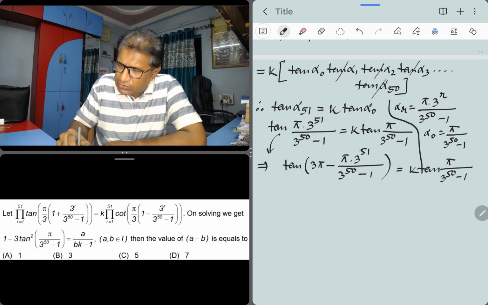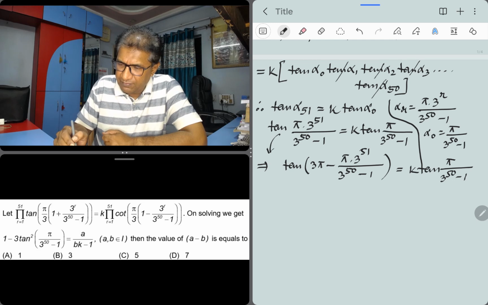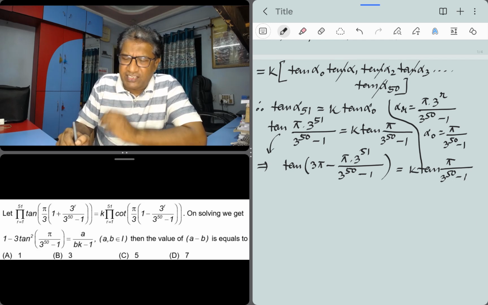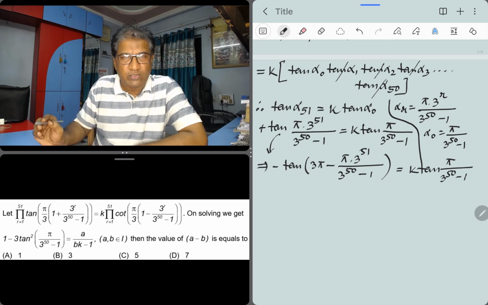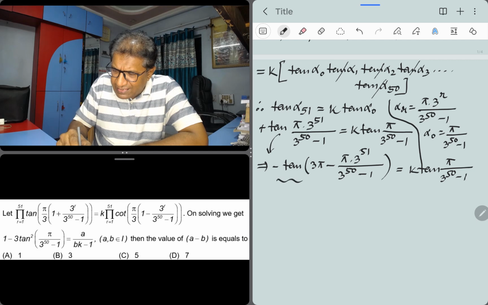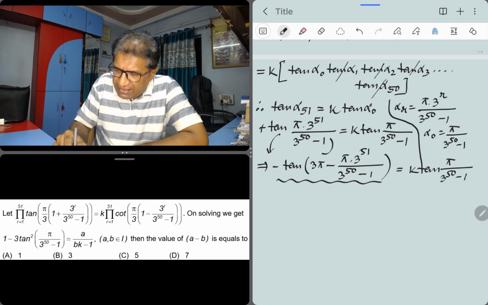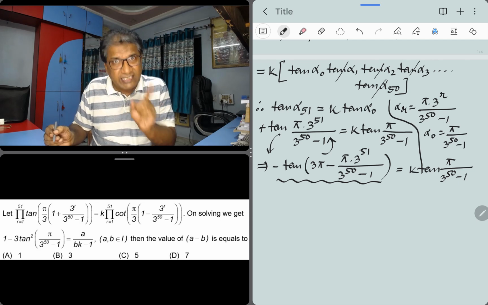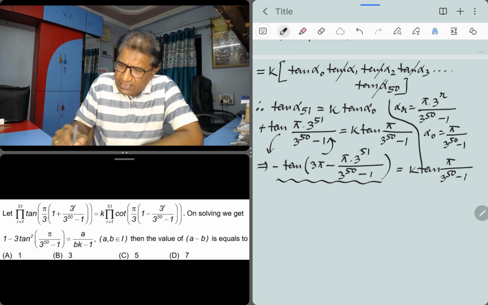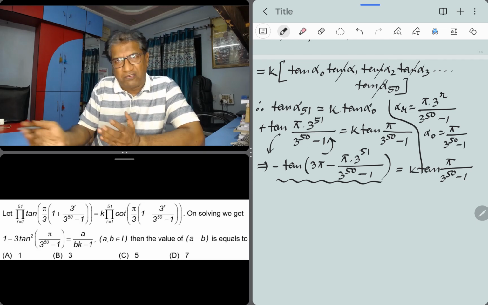Now, tan 3 pi minus theta is basically minus tan theta, right? So, to make it positive, because there is a positive sign, let me give a negative sign outside. So, this part will definitely give us this, because tan 3 pi minus theta is minus tan theta. So, it gives us tan pi into 3 to the power 51 divided by 3 to the power 50 minus 1.